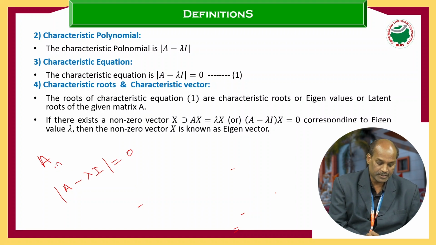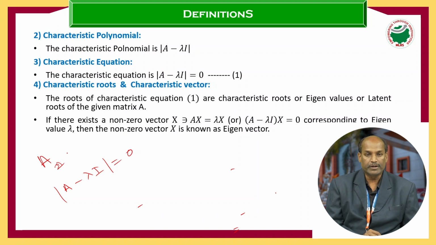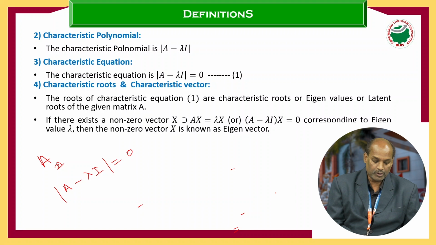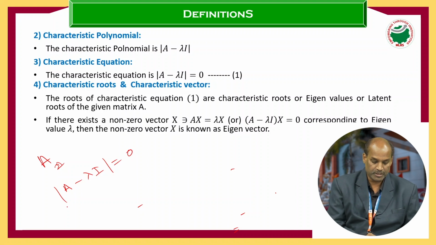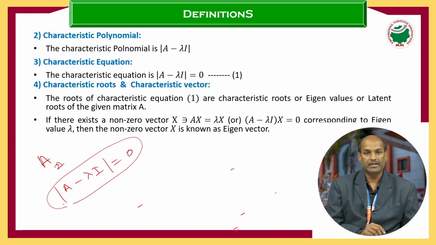Suppose it is a second order square matrix, then this characteristic equation is a second degree characteristic equation. Therefore, it will have roots. The roots of this characteristic equation are defined as the eigenvalues or characteristic roots or latent roots.